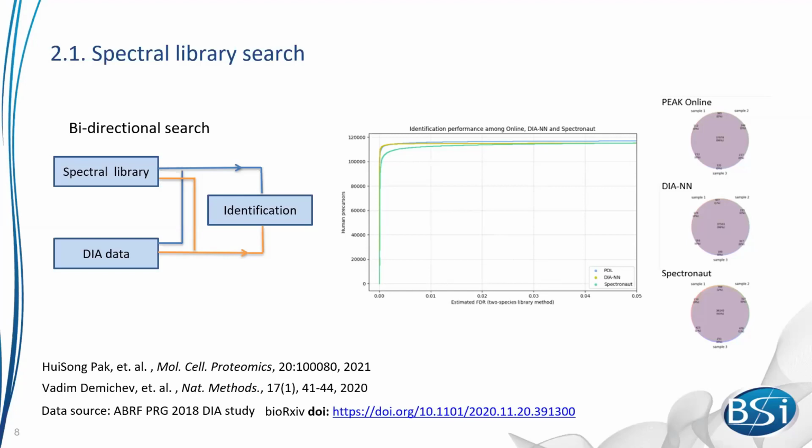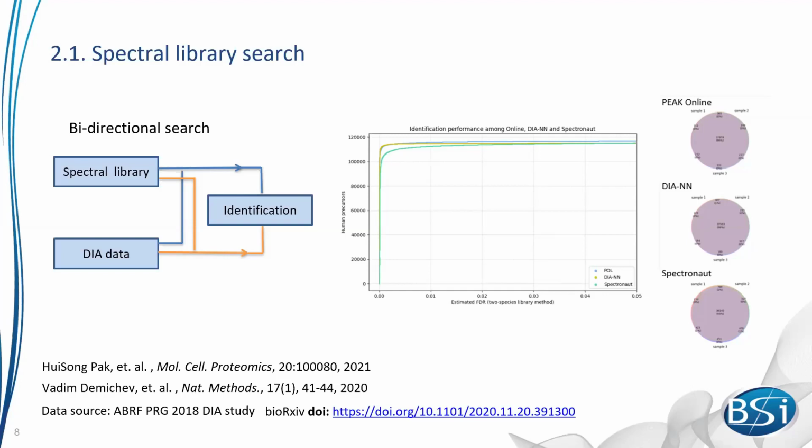There are 3 DDA runs to generate the library and 3 DIA runs to see their identification rate and their reproducibility. We benchmarked with Spectronaut, DIA-NN, and others to see how it works.